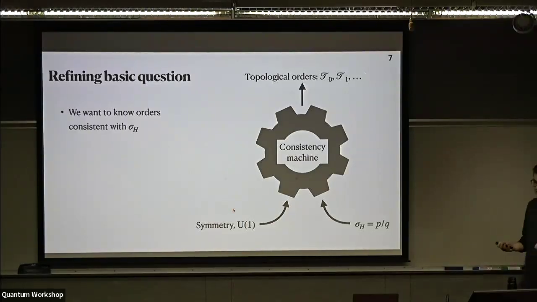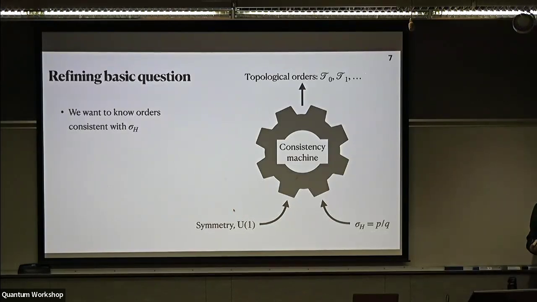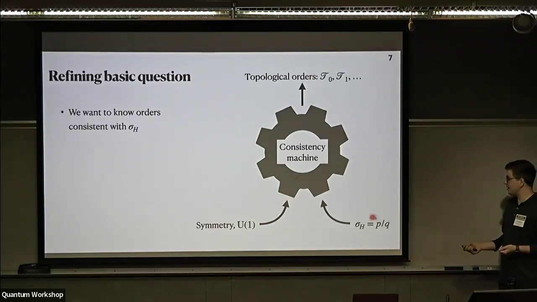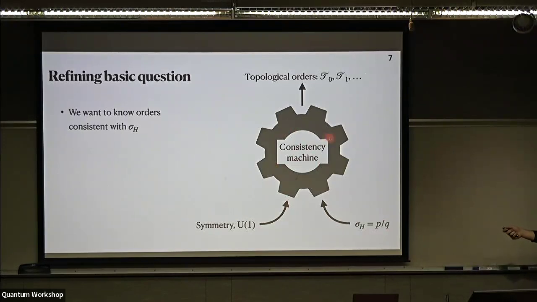We have our U(1) symmetry that needs to be there for us to couple to the background gauge field in the first place. And we've measured, let's say, a fractional sigma_H. We put these into what I'm going to affectionately call the consistency machine, and it spits out some list of topological orders. Then you can tell people how to discriminate between them.